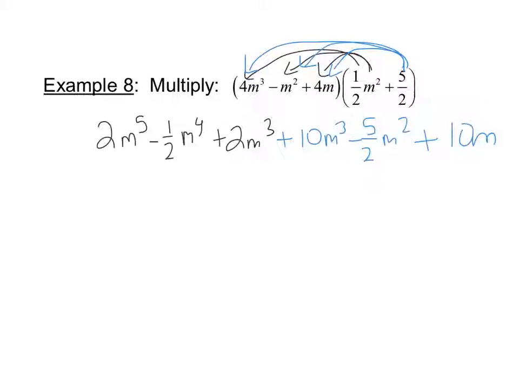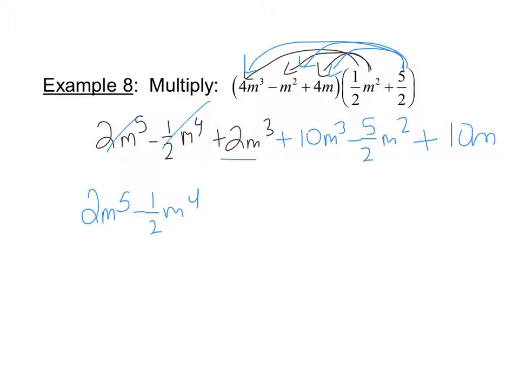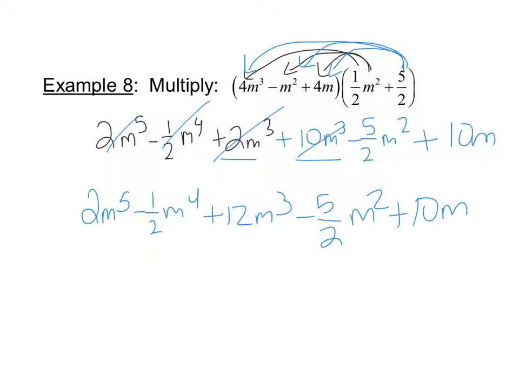We don't have any other m to the fifths, so it's just 2m to the fifth. You have no other m to the fourth, so it's minus 1/2 m to the fourth. Well, this plus this, that's 12 m to the third, and everything else is different. Okay?